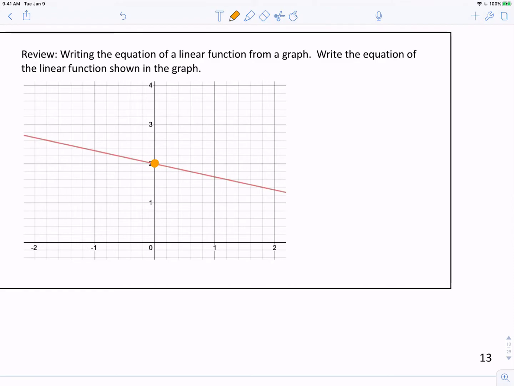I'm just looking at this graph to see if we can identify a nice point on the line, and none of them look particularly nice.